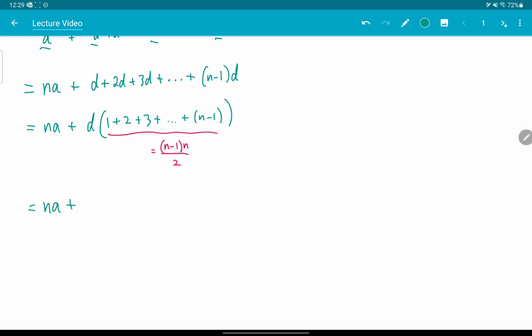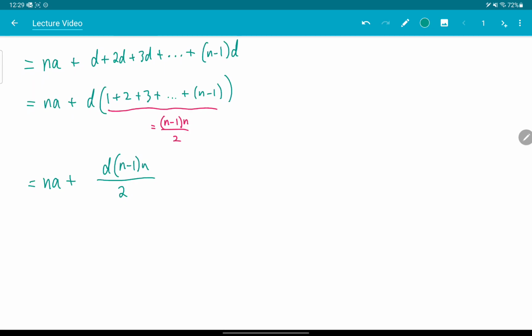So we get nA, and then we get D, n minus 1, n all over 2. And to make this a little bit nicer, I'll do a common denominator: 2nA plus D n minus 1 n, all divided by 2.